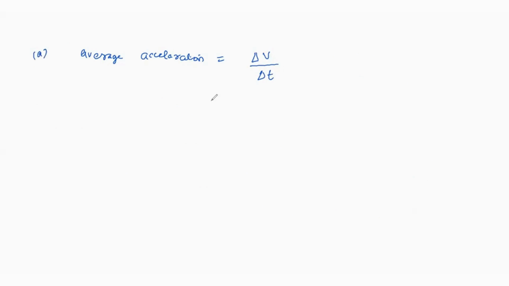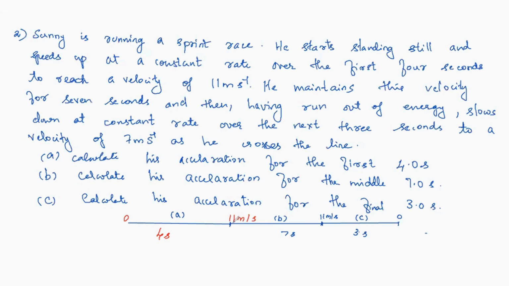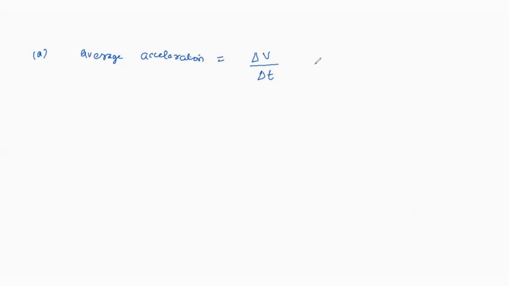For part A, the final velocity is 11, the initial is 0, and the time is 4 seconds. Substituting that, we get final velocity minus initial velocity over change in time.